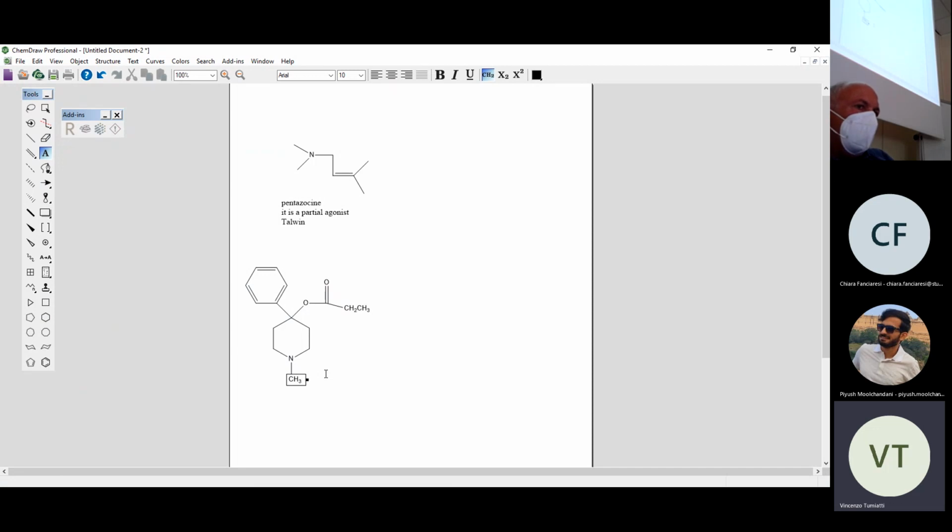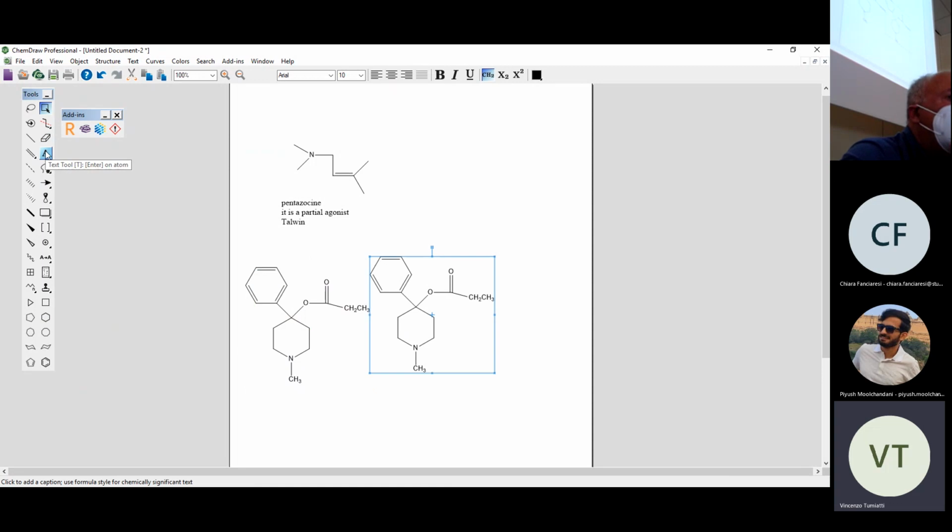The students wanted to synthesize this compound because it is very similar to meperidine. Meperidine is the inverse ester. So this is meperidine.